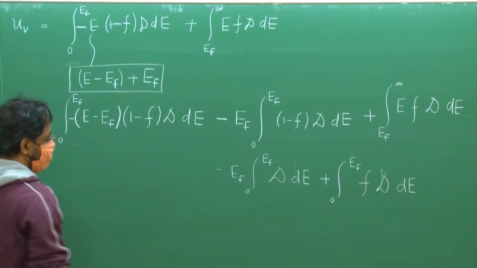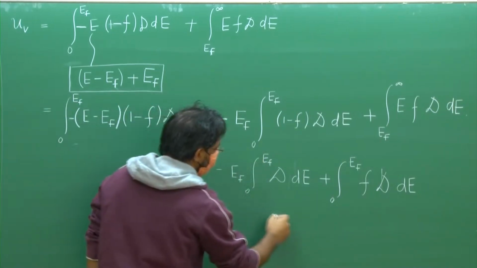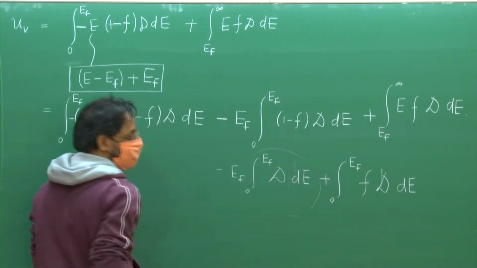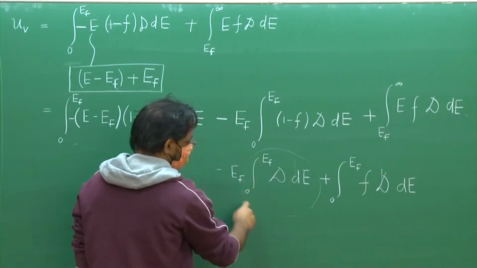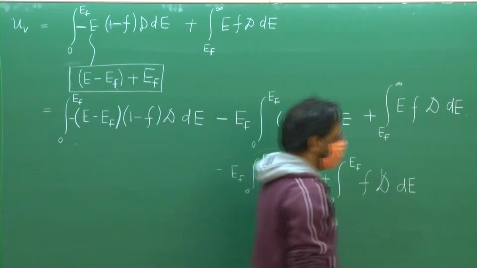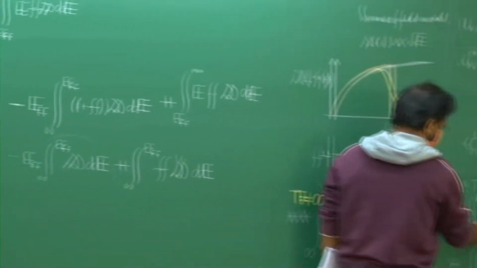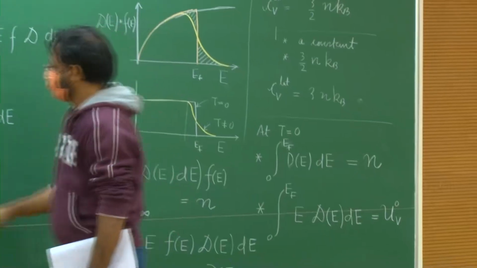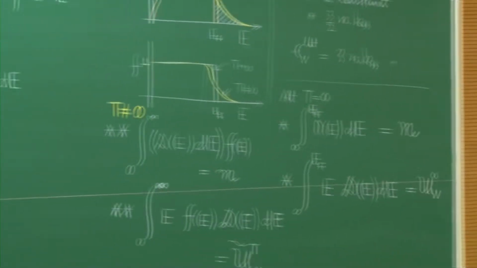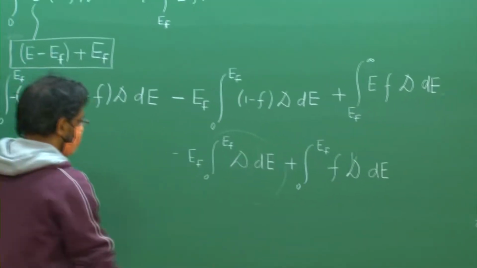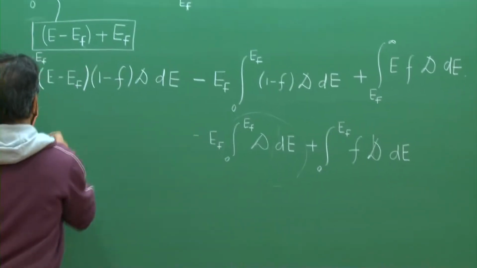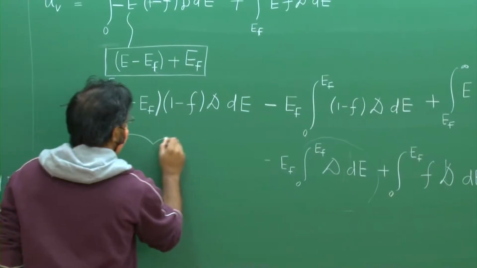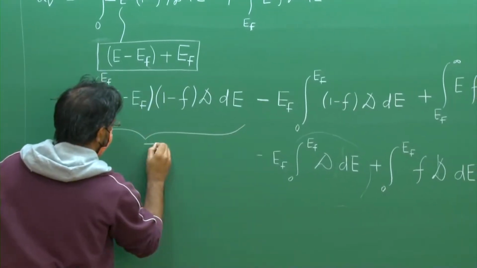Right? And you know that this quantity is nothing but little n, isn't it? 0 to EF dE dE is little n. So this becomes minus n EF.